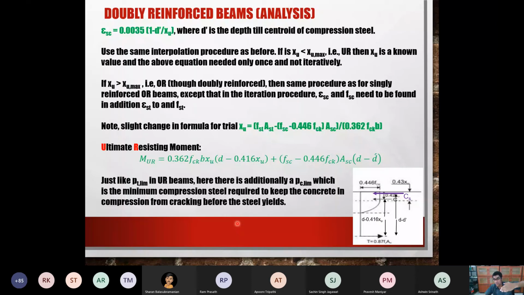You should not give more steel than the PT limit. Now the PC limit, what kind of limit do you think it is? Is it a minimum limit saying you should give at least this much steel, or is it a maximum limit which says you should give less than this amount? For the PT limit it says don't cross it. For the PC limit, what do you think? Should you give more than that or less than that for compression steel?